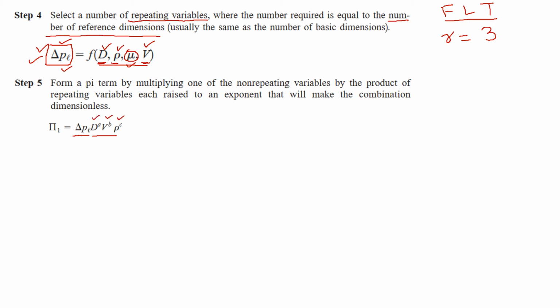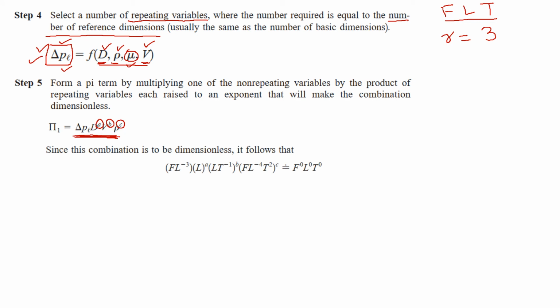We also raise the power of these repeating variables to certain exponents, that is A, B, C. As you noticed, we raised the power of our repeating variables to certain exponents, and now we will write this term in dimensions form and then equate it to a dimensionless entity like this.